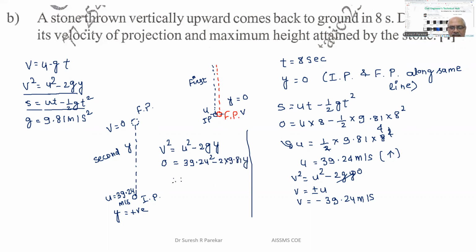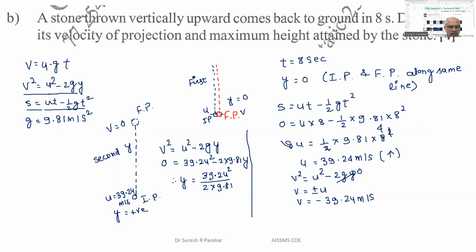And from this we will get y is equal to 39.24 square divided by 2 into 9.81. And by solving this, we will get the maximum height. I will just check the answer.